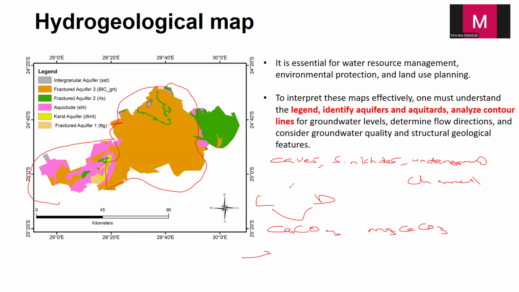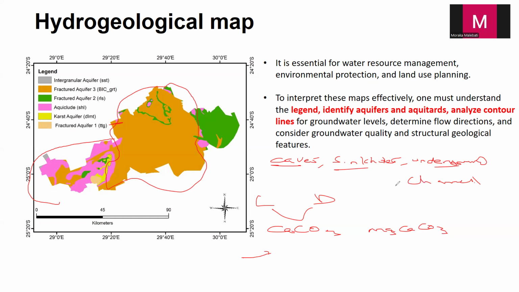So during hydrothermal fluids, especially slightly oxidized hydrothermal fluid, it can dissolve this calcium carbonate and form what are called dissolution channels. With dissolution channels, we're going to have caves, sinkholes, and underground water channels.